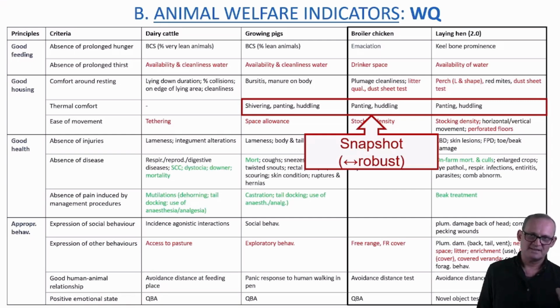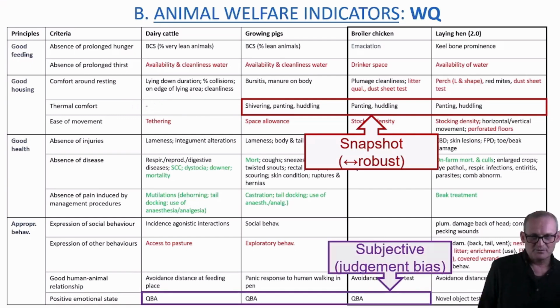If I do that assessment in the weekend, I would possibly get a different outcome when I do the same assessment a couple of days later. That is the case, for example, for indicators of thermal comfort. Indicators such as panting and huddling are very dependent upon the exact conditions at the time when the assessment is being done. And that's why no such indicators are included in the dairy cattle protocol, just because they said this is not a robust indicator.